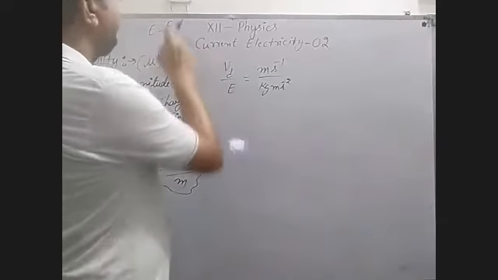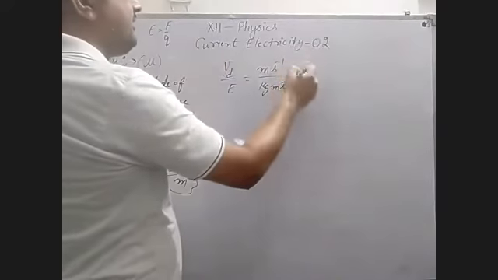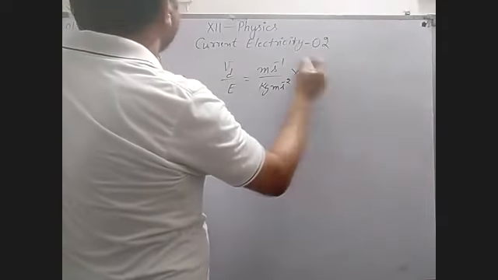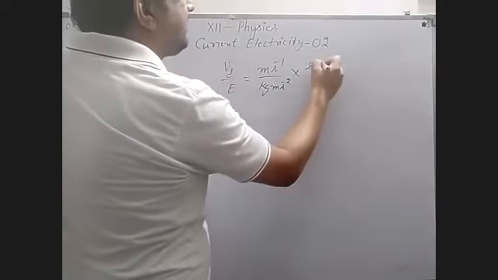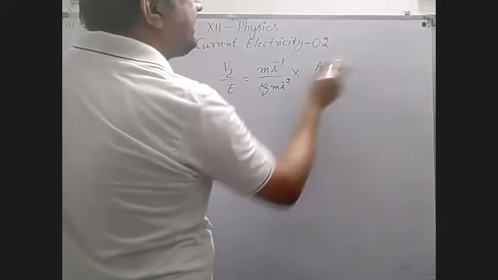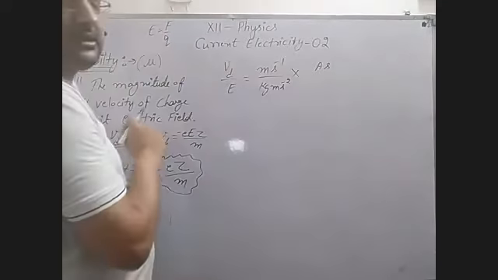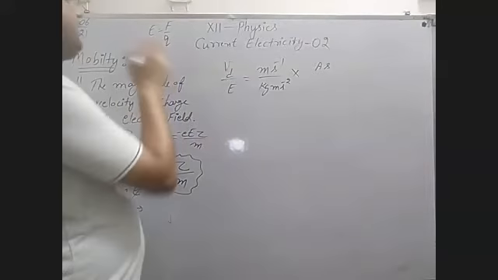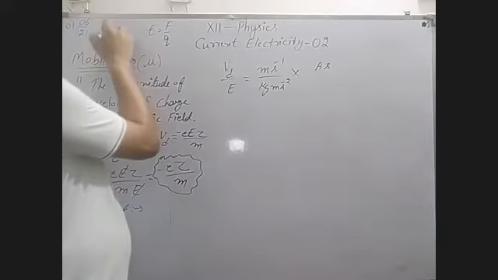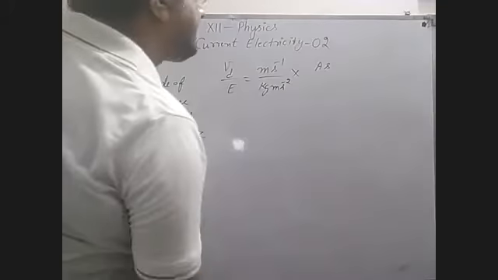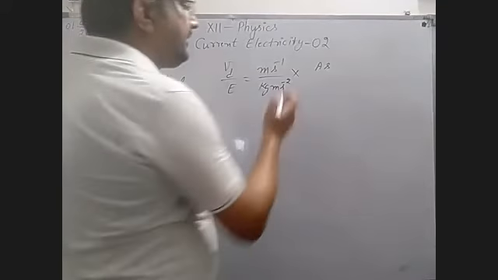Instead of E, you can write force upon charge, and the charge unit is ampere second. You know the unit of charge: I = Q/t, so Q = It. I unit is ampere, t unit is second. That's why I am writing here ampere second.